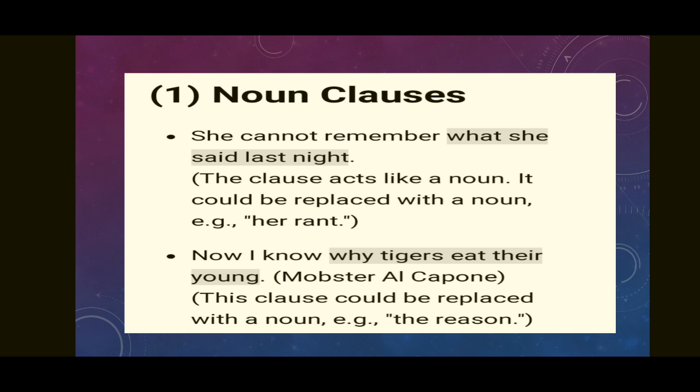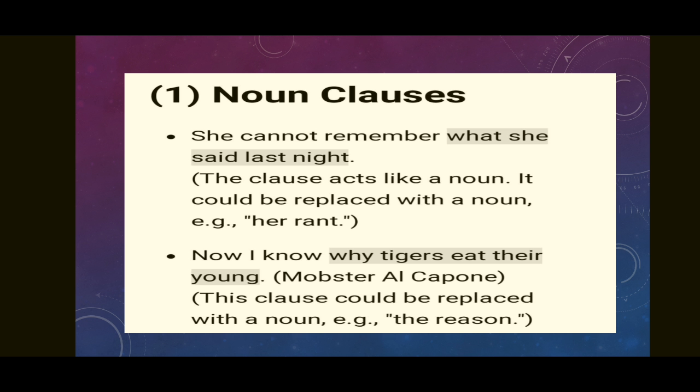Noun clause can act as a subject, direct object, indirect object, predicate nominative, or object of a preposition. You can see the example on the screen.